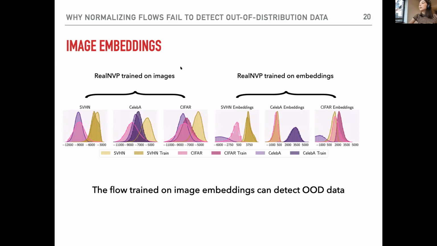So the core reason for why it fails to detect anomalies on images is that the flow tends to learn this general distribution on all structured images. So when we're training the flow on one image data set, and we track the likelihood on other unrelated data sets, they would also increase throughout the training on one fixed data set.